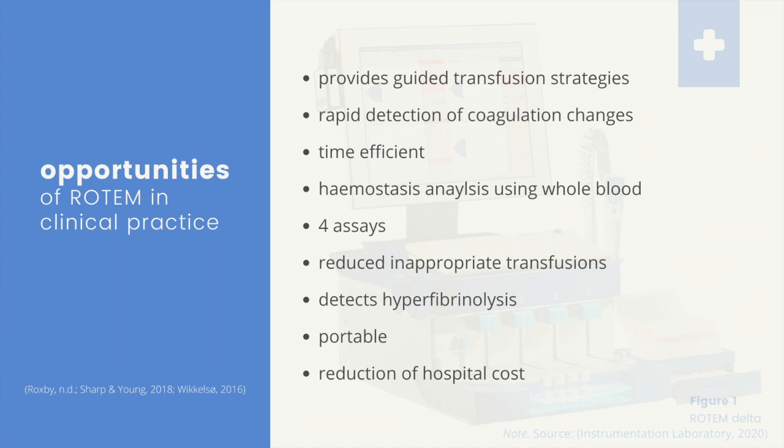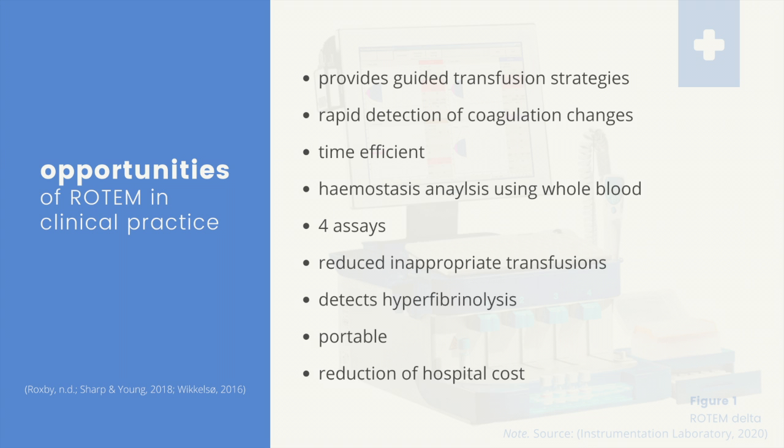Despite the challenges of the usage of ROTEM, the analyzer is widely used in ICU, theater, and emergency department, as it has the ability to provide a guided algorithm for transfusion therapies. ROTEM can rapidly detect coagulation changes, making it time efficient, requiring only 5 to 10 minutes of waiting time for the results.